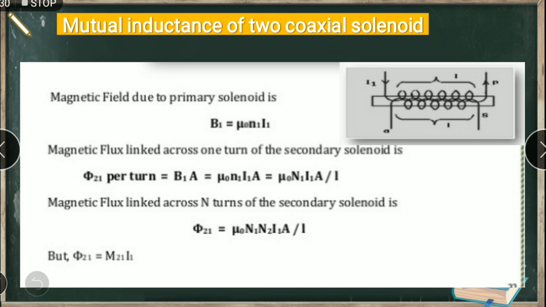Next, first, the magnetic field due to the primary solenoid.